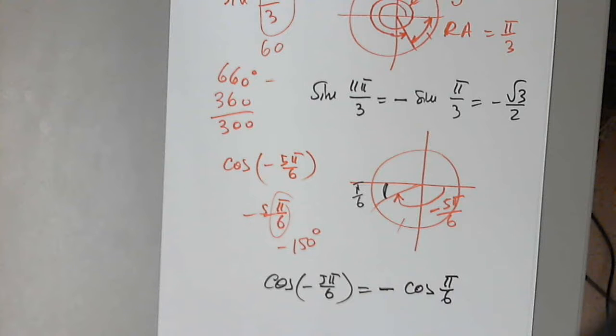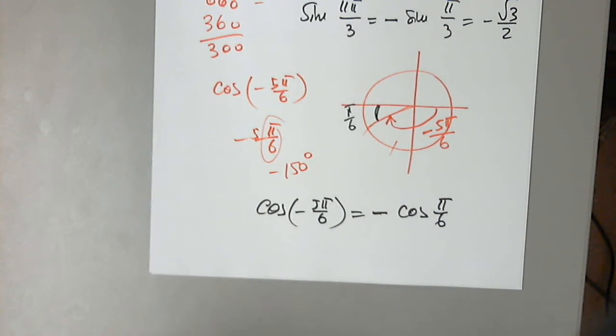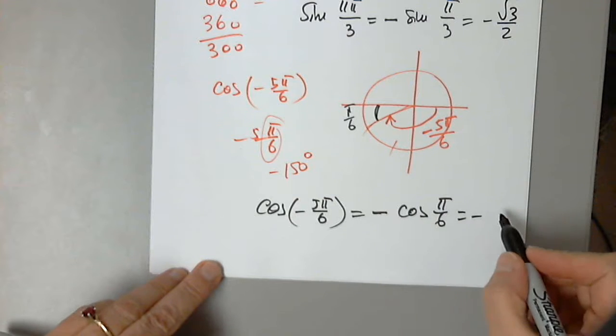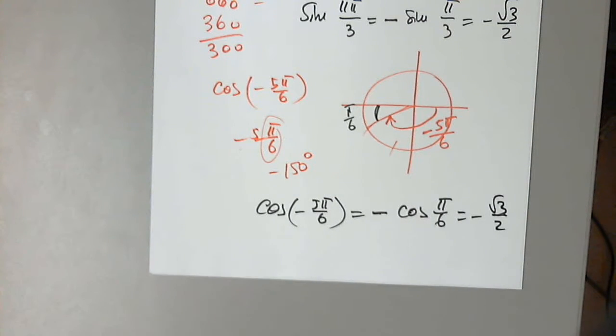Why opposite? Because the angle negative 5 pi over 6 lands in the third quadrant. And we know cosine pi over 6 is the second value at the top, the square root of 3 over 2. Because sine pi over 6 is 1/2, cosine will be the square root of 3 over 2, and with the sign it's negative.